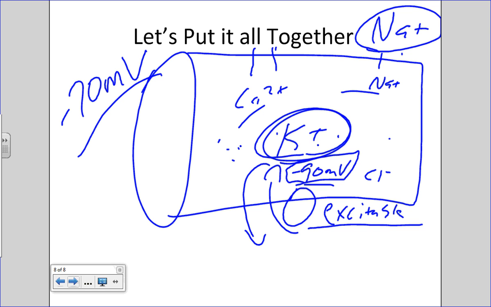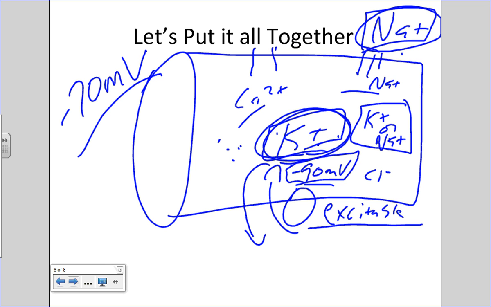Now let me ask you this, something to think about: which of these two ions is going to present more of a hazard to a person? Will potassium imbalances or sodium imbalances be more hazardous? Based on everything I just talked about, think about it. I'm not going to give you the answer right now.